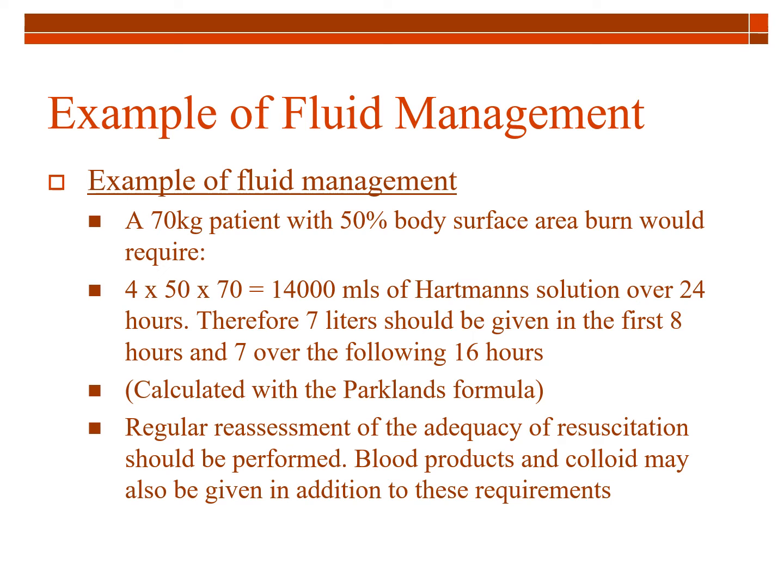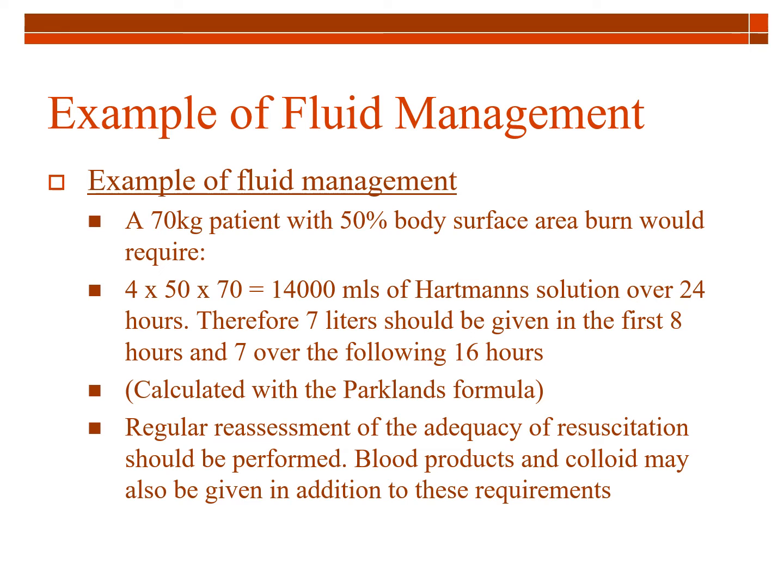So let's look at an example. We have a 70-kilogram patient with approximately 50% of the body surface area burned. So we take the factor of 4, multiply it by 50%, and multiply that by the patient's weight in kilograms, which is 70.